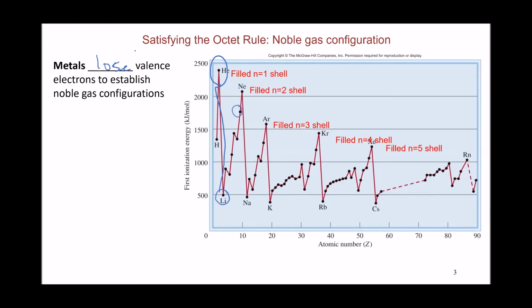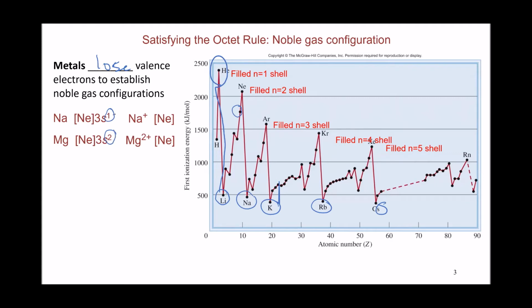And in this case, it's going to be forming a positive cation. It's basically moving from an unstable configuration with 1, 2, or 3 valence electrons to a more stable configuration that corresponds to the previous noble gas to that metal. Okay? And the charge it will have will depend on the number of valence electrons it loses. If it loses 1, it will have 1 positive charge. If it loses 2, it will have 2 positive charges, and so on.